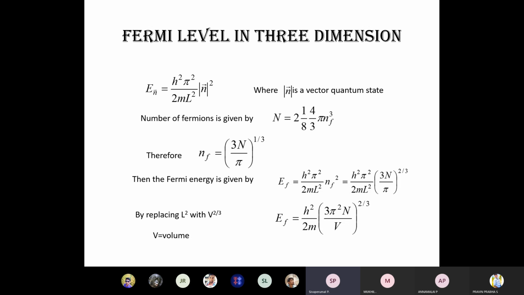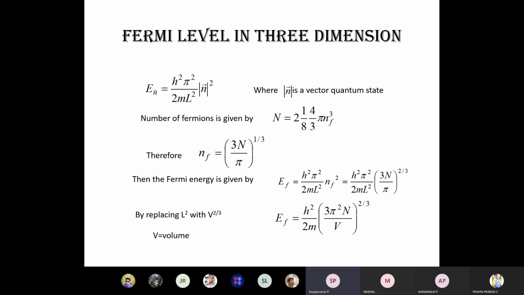So the number of fermions is given. To find the Fermi level, you already know n divided by 2 whole squared, so n squared by 4, and so on. Everything reversed, we get an equation like 2 into 1 by 8 into 4 by 3 pi into n cubed into nF.